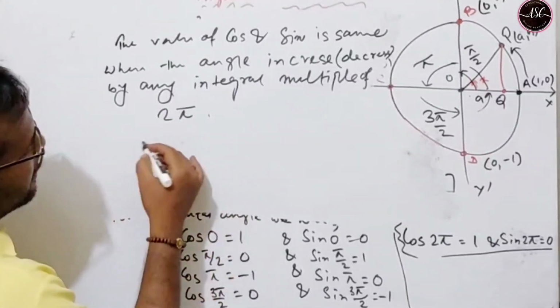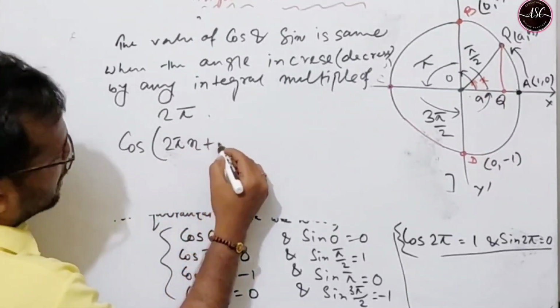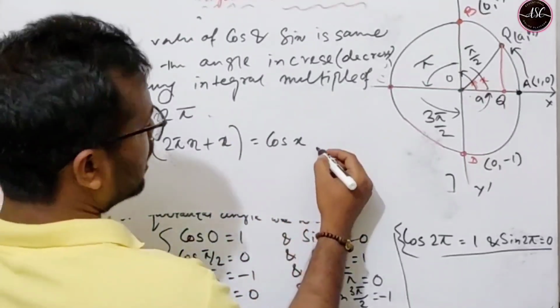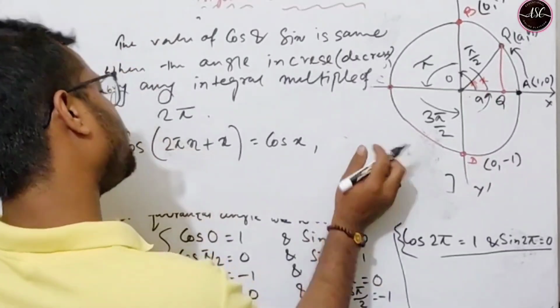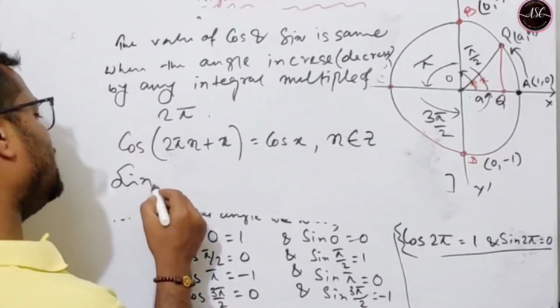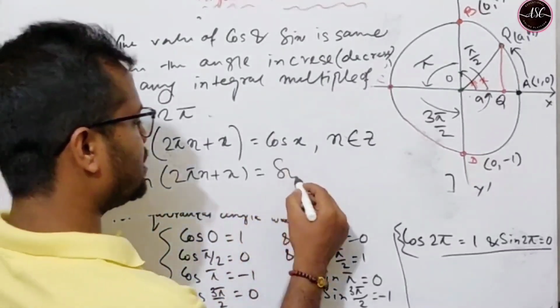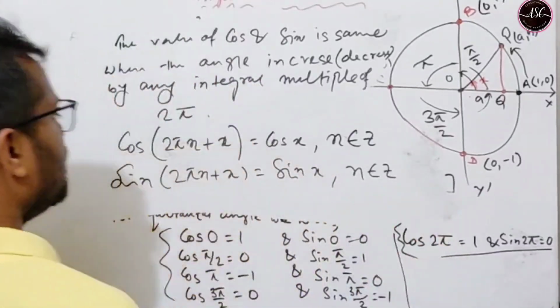So we can write this as cos(2 pi n plus x) equal to cos x, when n belongs to Z, that means integer, and sin(2 pi n plus x) equal to sin x when n belongs to Z, that means integer.